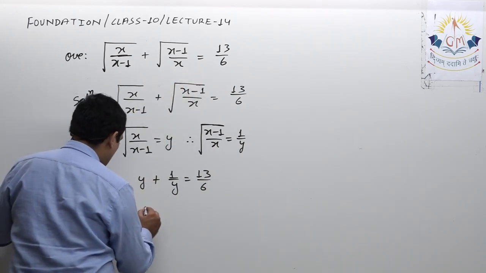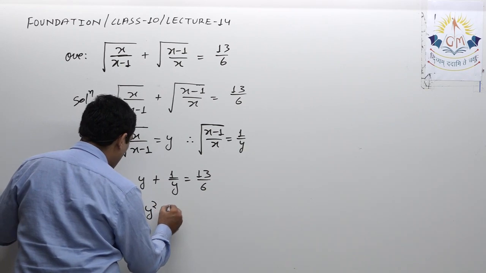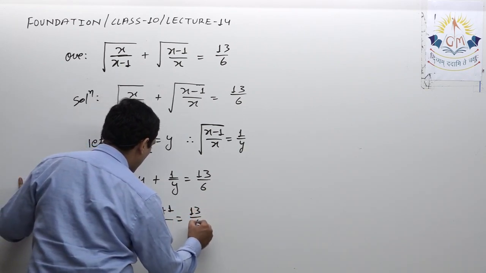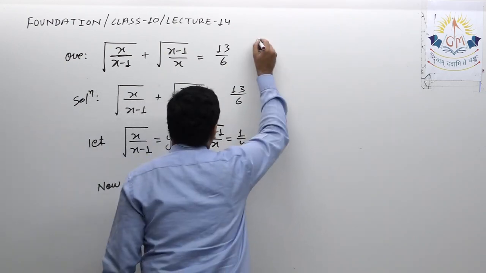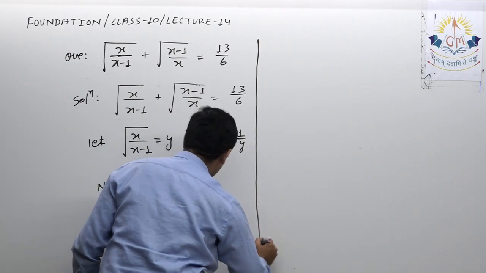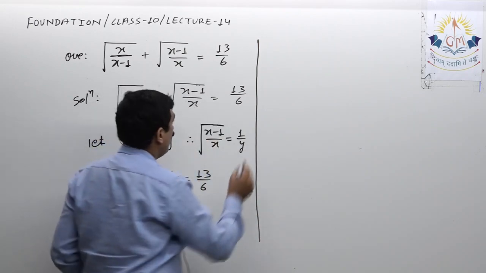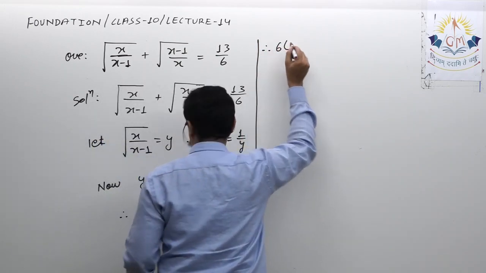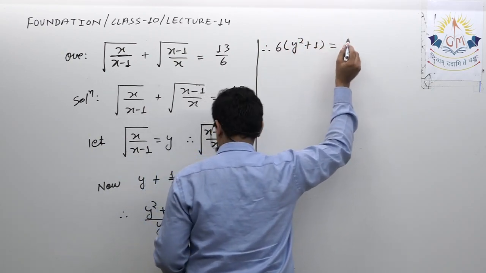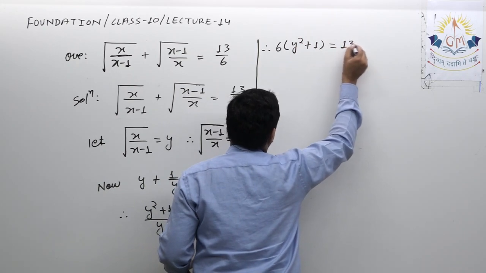So if I take the LCM, I will get y square plus 1 upon y is equal to 13 upon 6. On solving it further, now definitely what I have to do is cross multiplication. So therefore 6 multiplied by y square plus 1 is equal to 13y.